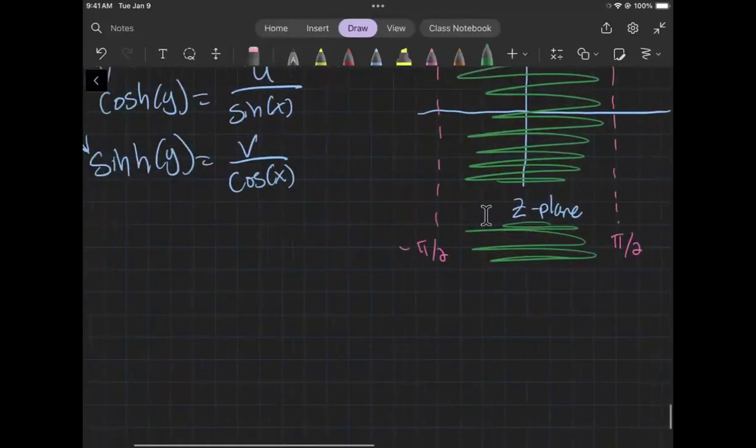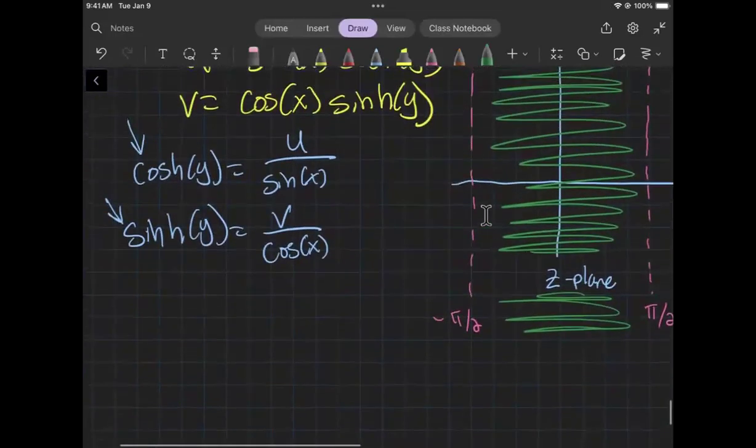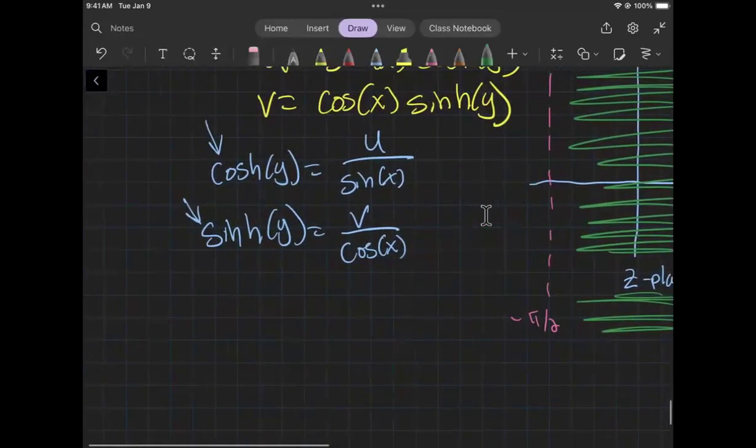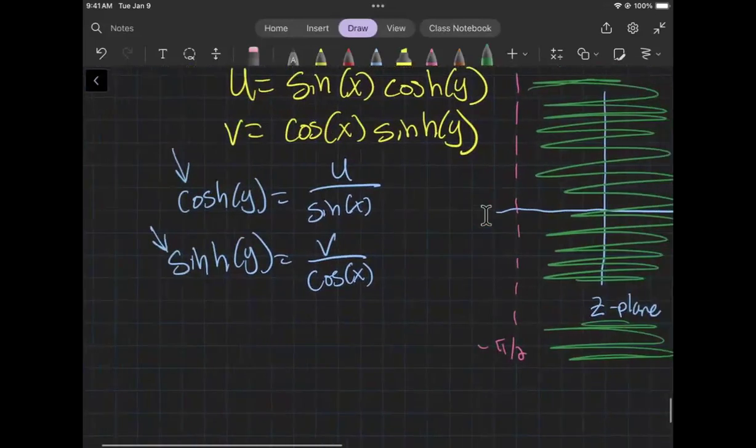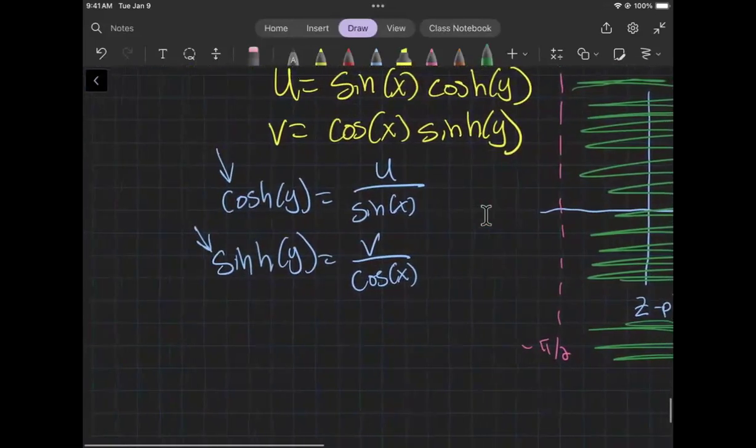What we want to do is look at various images of the points inside that vertical strip.